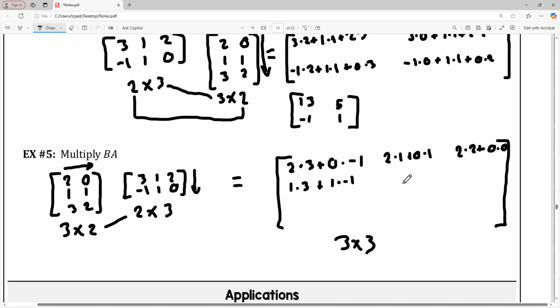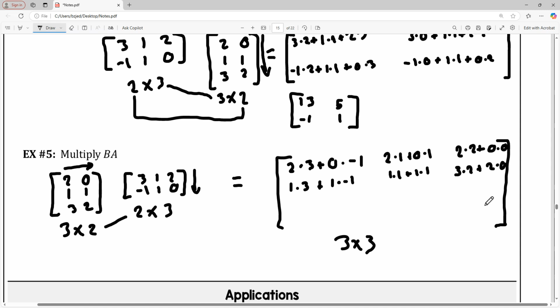Now I'm going to move to the second row, second column. I have 1 times 1 plus 1 times 1. The third row, second column, is going to be 3 times 2 plus 2 times 0.